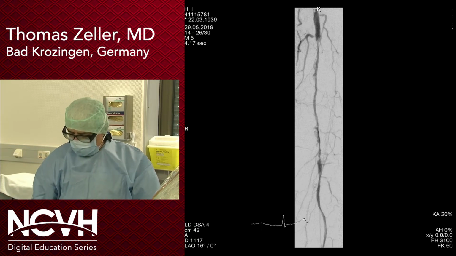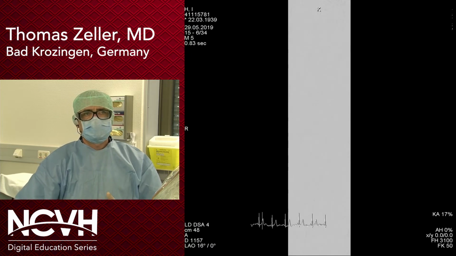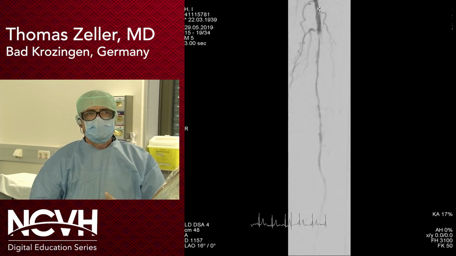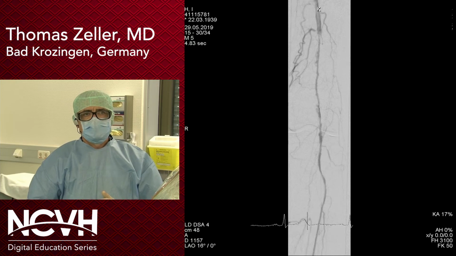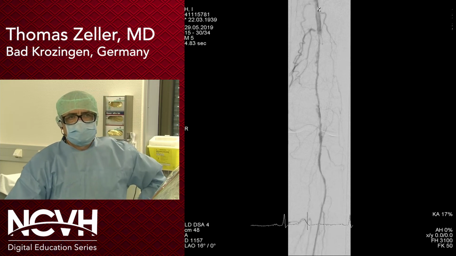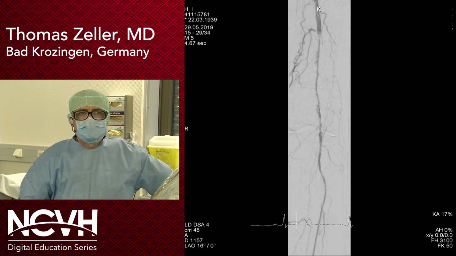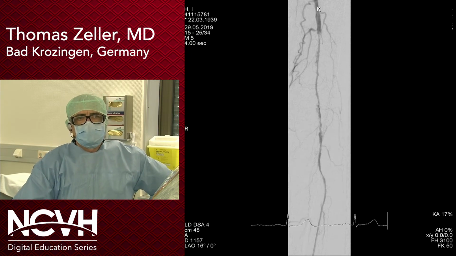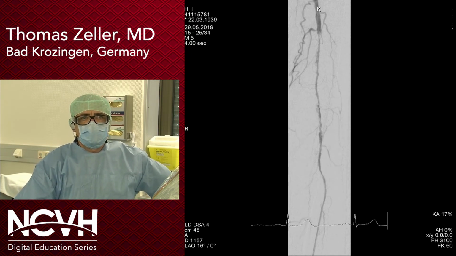This is an interim result after the first pass with the atherectomy system, and this is where we are now at the moment. So this is the result after Phoenix atherectomy. There's a channel created, there is some focal thrombus present, and I'm now prepared to introduce a drug-coated balloon.